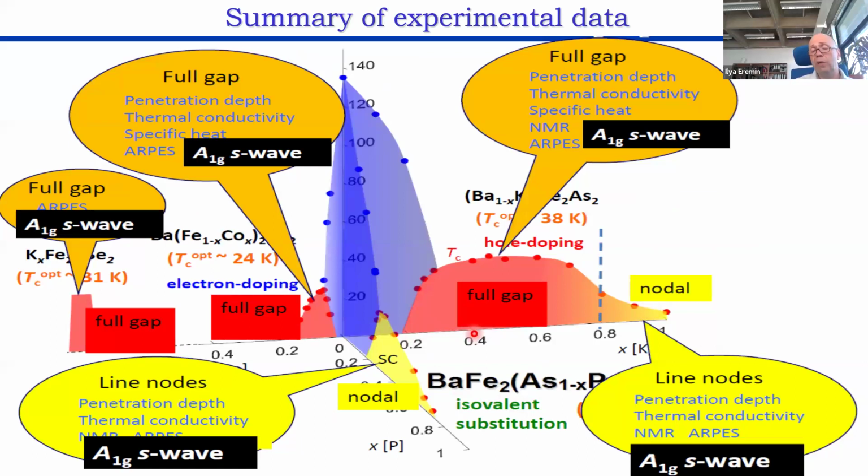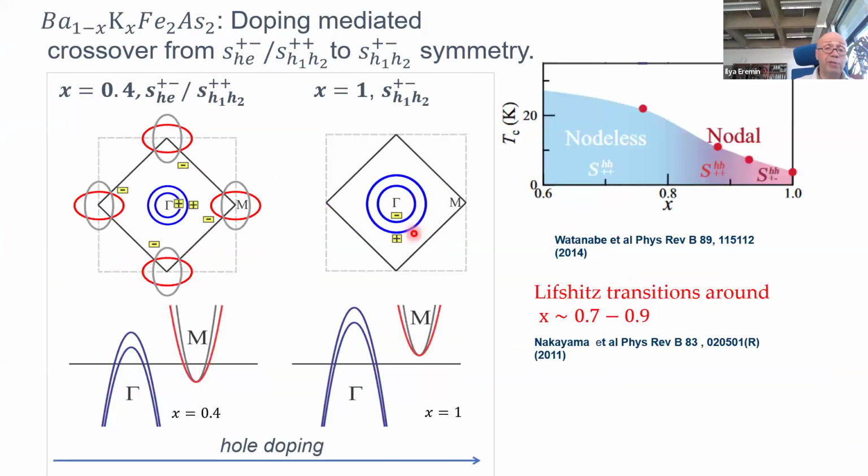For example, you remove completely electrons from the Fermi surface. This is happening, for example, in barium potassium. If the same repulsive mechanism works, you should change from S plus minus, where the pluses are on the whole hole Fermi surfaces and the minuses are on the electron Fermi surfaces, to the situation where the order parameter changes sign between two inner hole pockets.